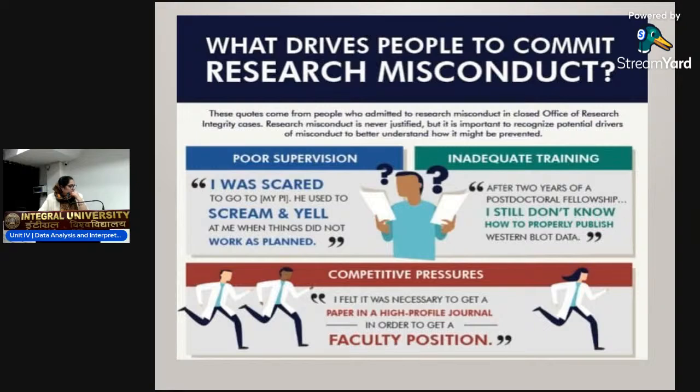Competitive pressures. I felt it was necessary to get a paper in a high profile journal in order to get a faculty position, right? Now that faculty position will go because if they come to know that you have acquired this paper through wrongful means, the faculty position will go definitely, है ना?